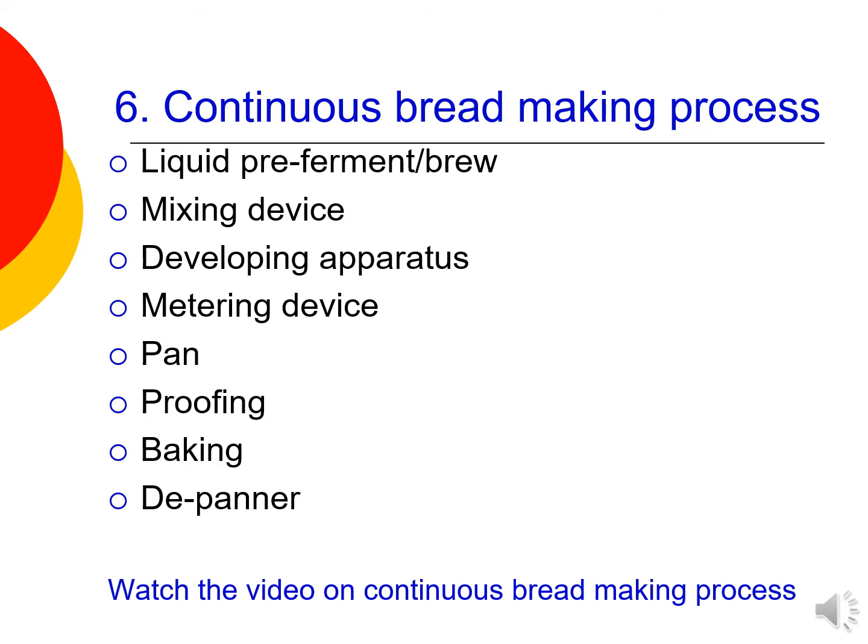An automatic depanner removes the loaves from the pans, either by inverting the pans, jarring them to dislodge the bread, or by picking the loaves out of the pan by means of suction cups attached to belts. Now let's watch the video on continuous bread making process.